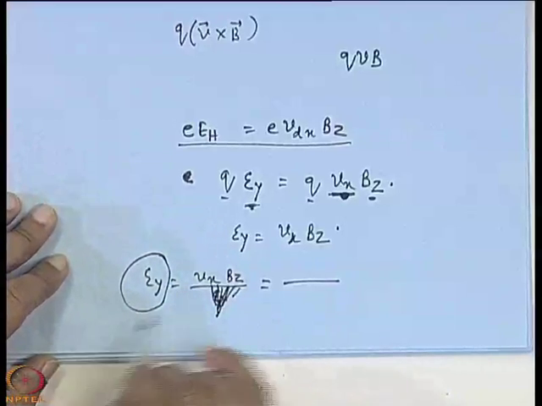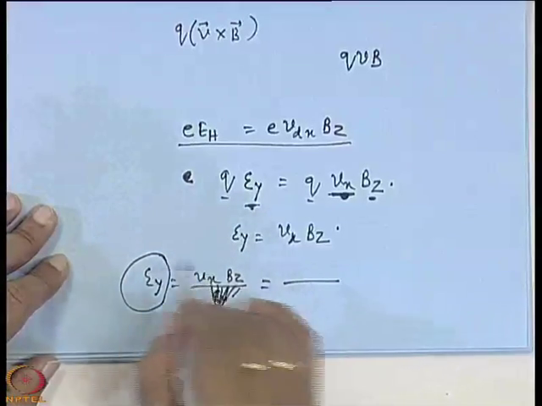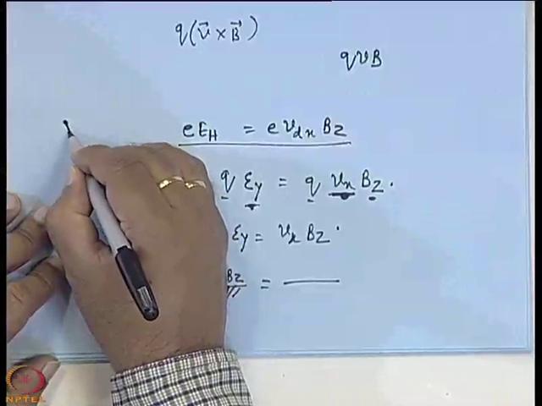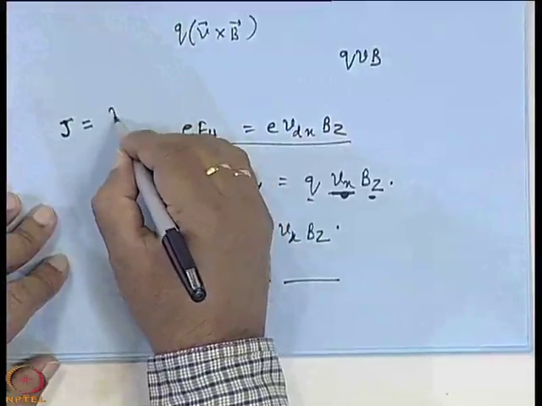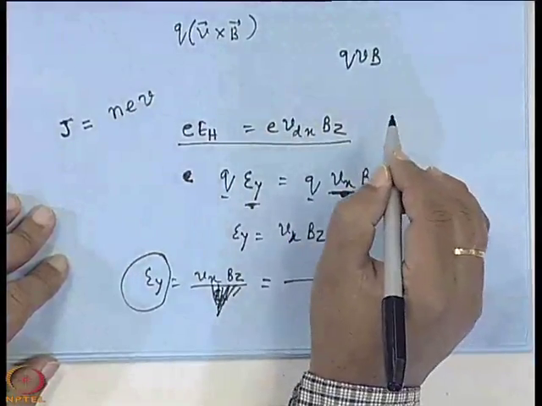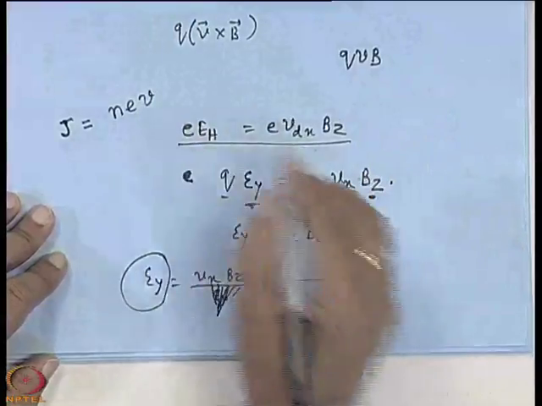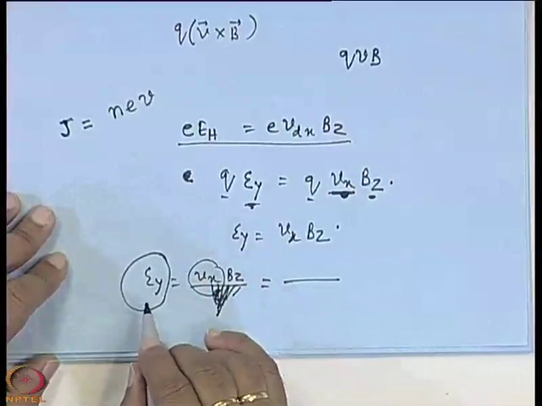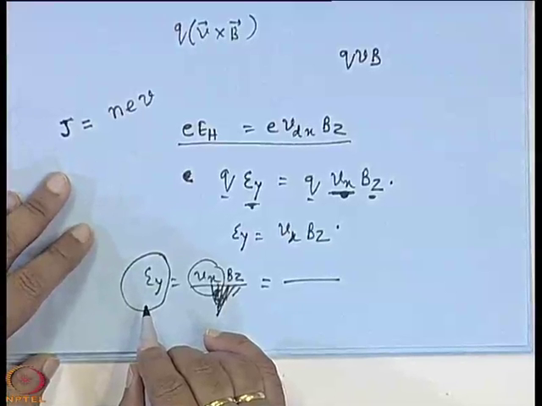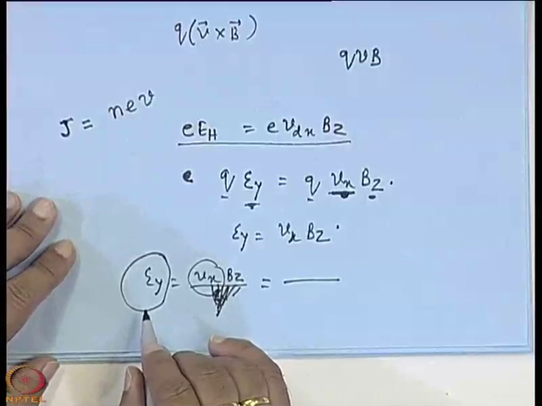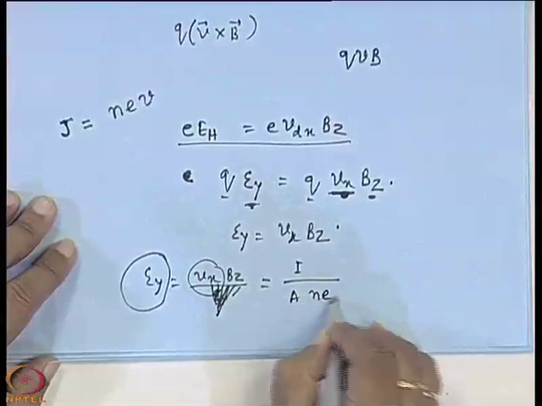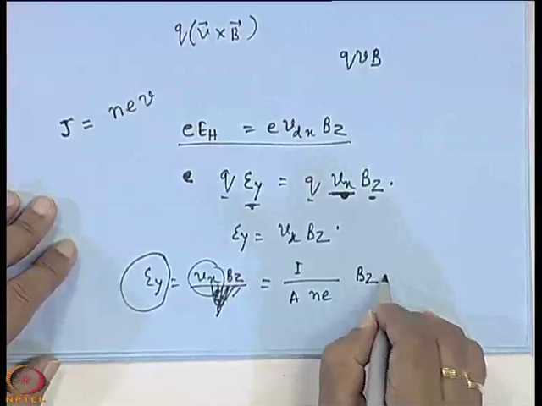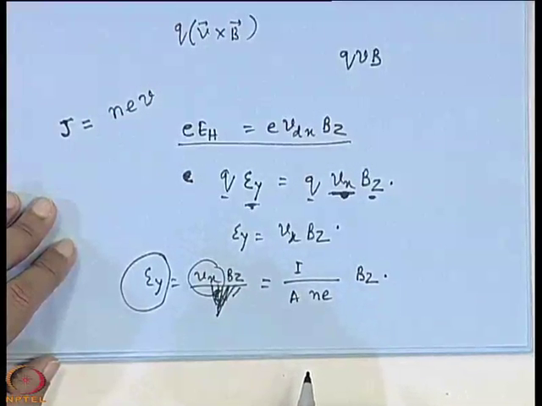So E_y equals V_x into B_z, and V_x, you know that J equals n e v, right. So you can replace this V_x by J by n e, or if you use the current, then I by A n e into B_z.